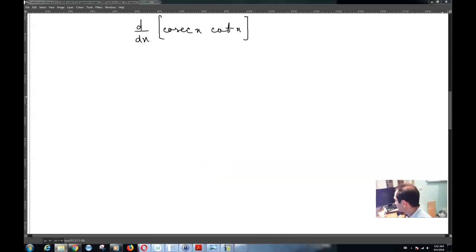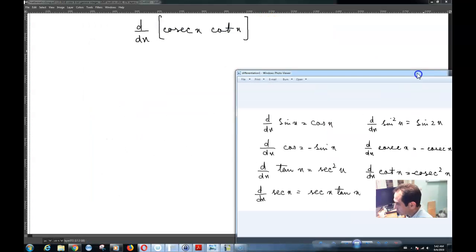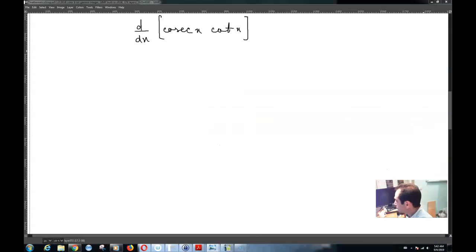We had something over here called differentiation, and here we said that d by dx of cosecant x is equal to negative cosecant x cot x.